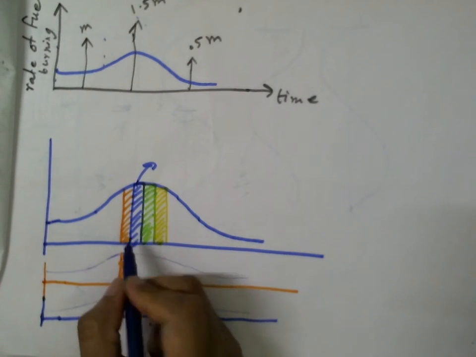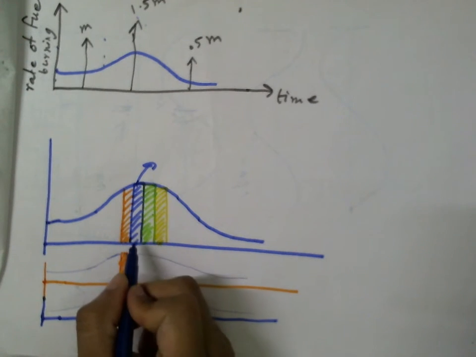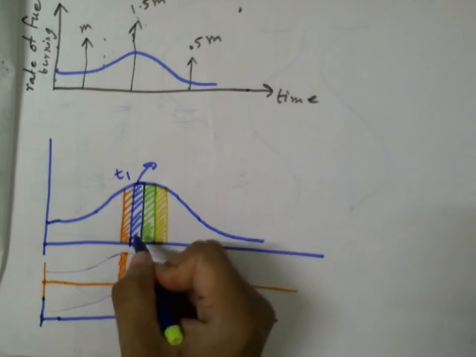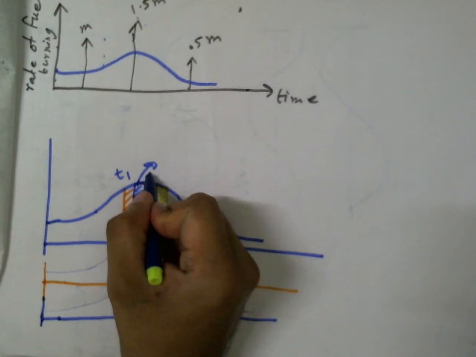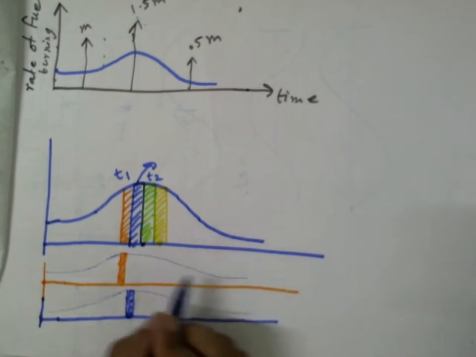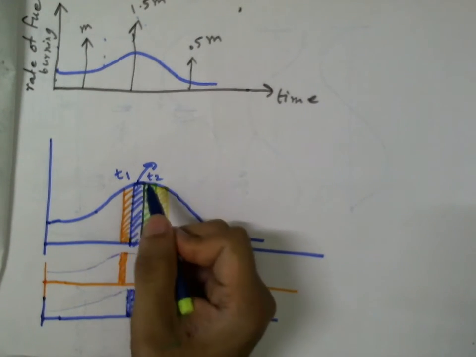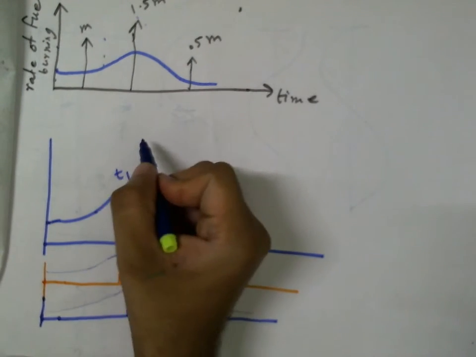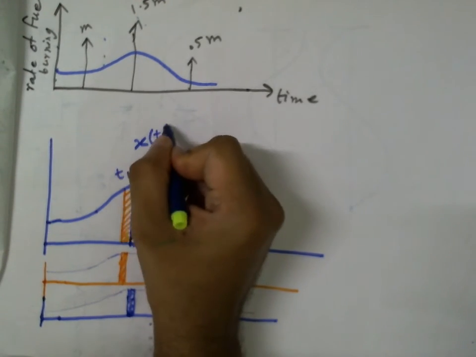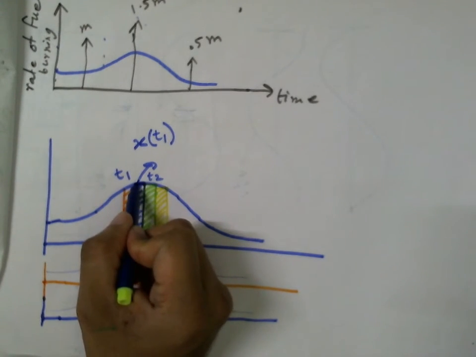Let me call the time where this blue curve starts T1, and T2 the instance where this blue curve stops. And let the height of this curve here be x(T1).